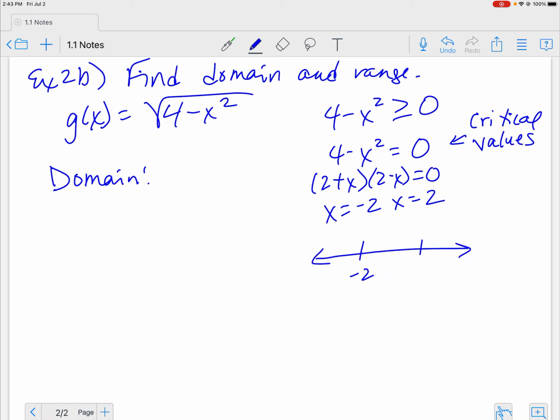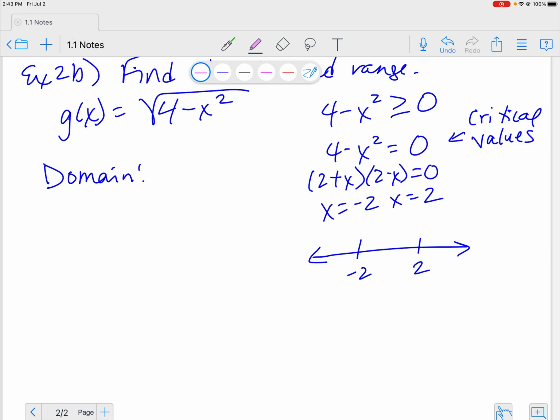So on our critical values, then we graph that. Now, this is a negative quadratic, so there are a couple of ways to solve this. If you pick values, I'm going to plug a 0 in. Is 4 greater than or equal to 0? That makes my statement true, and because of that, I shade in the middle. Or you could look at this and say I know this is negative, so it's going down.